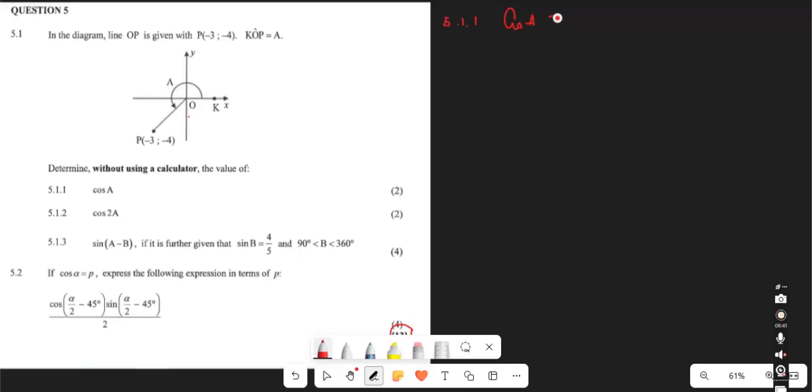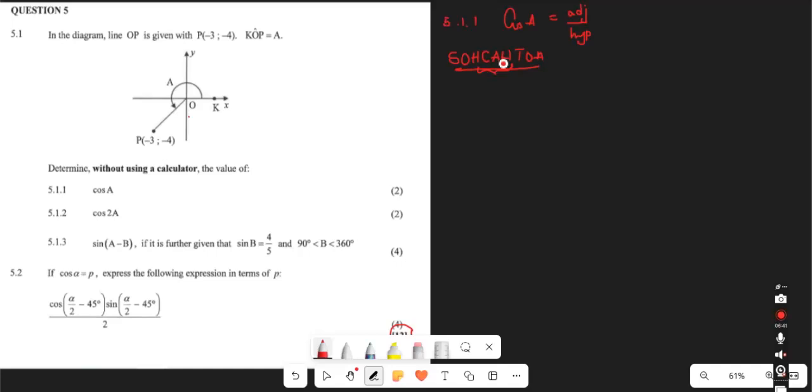So cos A is equal to, what we know is that cos is equal to adjacent over hypotenuse. That is what we know about, remember SOH CAH TOA. If you know this, then we are dealing with CAH, which is adjacent over hypotenuse.